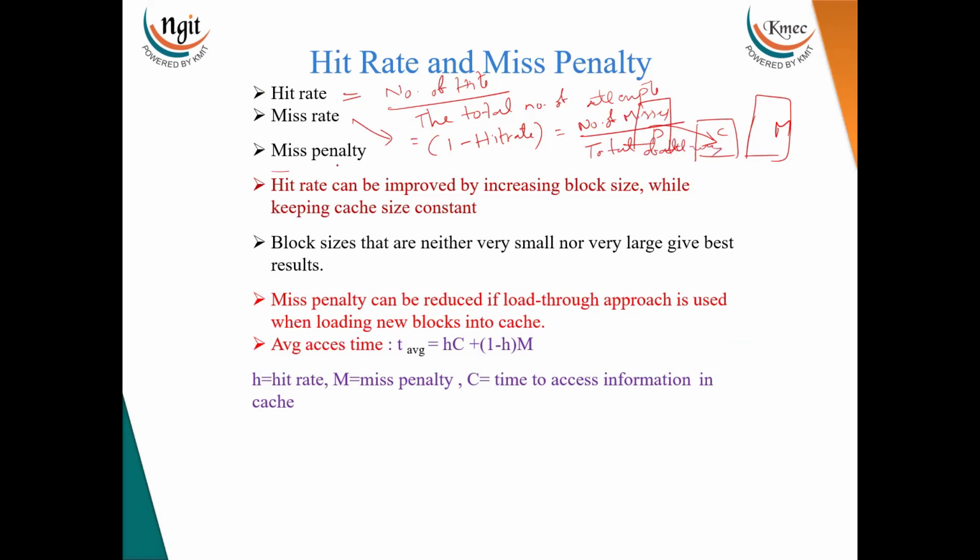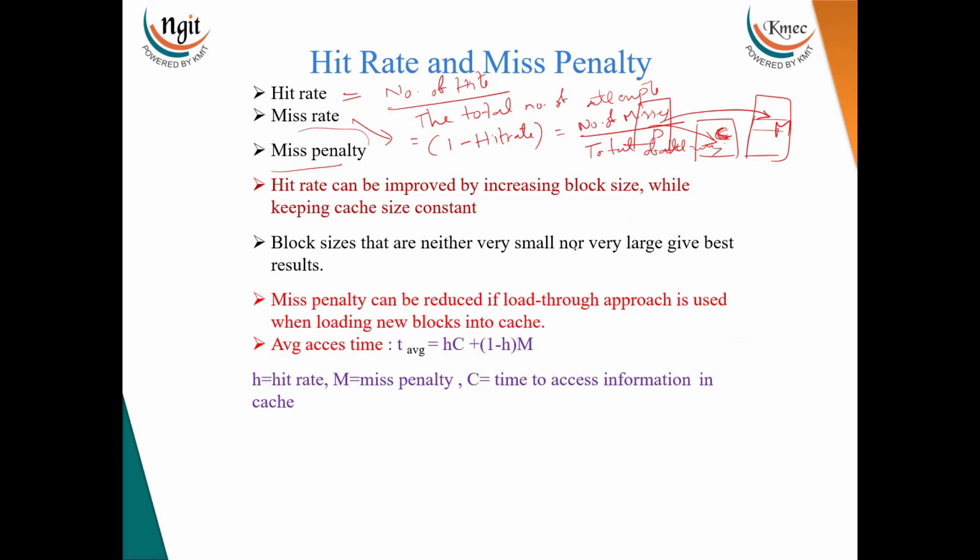Now coming to the miss penalty. If the data is not available in the cache, that is a miss, so the processor will check the data in the main memory, and the time needed to access the main memory is called the miss penalty.